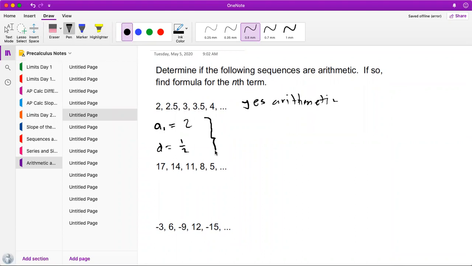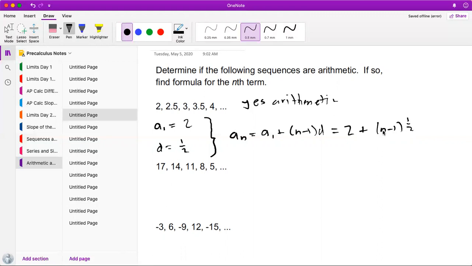So combining these things with the formula I had before for the nth term, I would say A sub n. Remember, the formula was this: A sub n is A1 plus n minus 1 times D, which is 2 plus n minus 1 times a half.